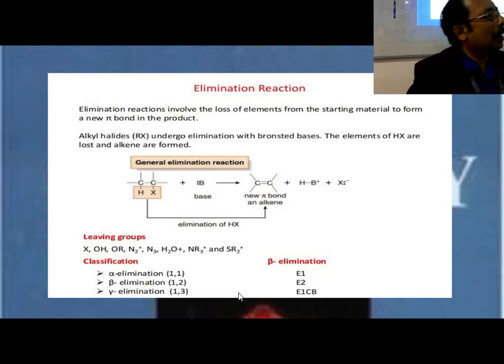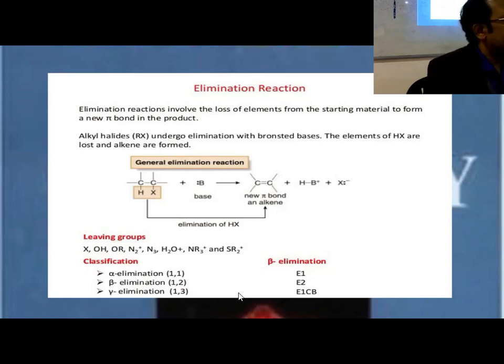So suppose you have a carbon bearing 2 chlorine atoms, CH3CHCl2. In that case, you are getting elimination. Here both the halogens will be removed from the same carbon, so it is alpha elimination. And sometimes you have a halogen on 2 adjacent carbons, and you are removing that halogen, chlorine, by giving zinc dust and heat.